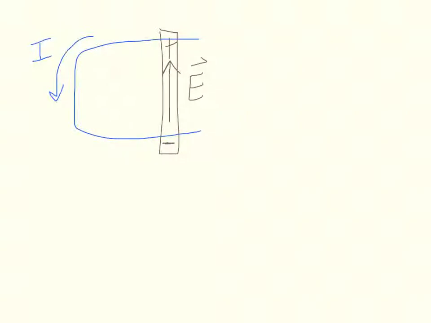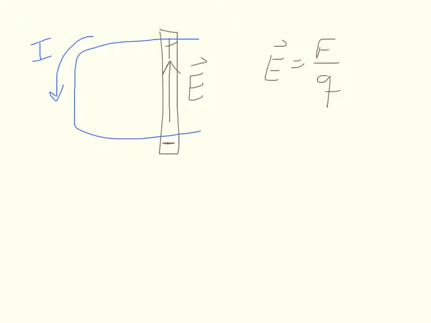And so you can have an equilibrium, where the electric field will be generated such that there's not going to be a net vertical force on this bar. We know that the electric field is the force over the charge, right?